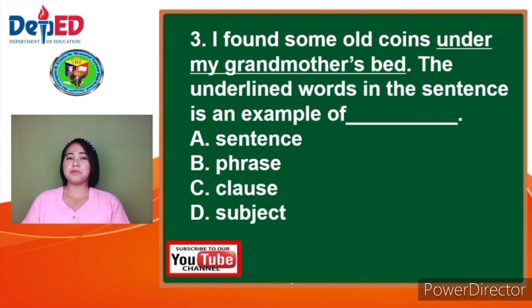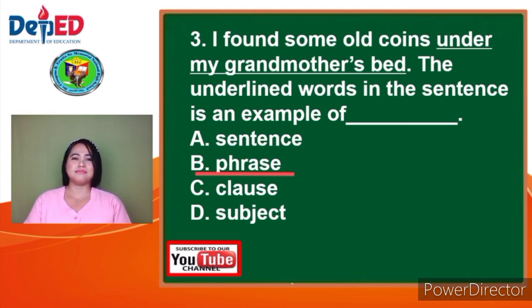Number 3. I found some old coins under my grandmother's bed. The underlined words in the sentence is an example of A. Sentence. B. Phrase. C. Clause. And D. Subject. It is an example of a phrase.